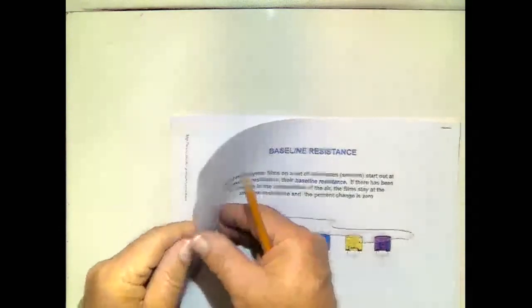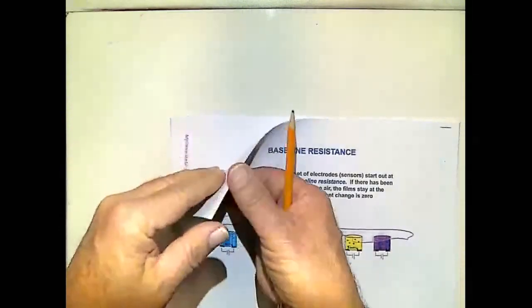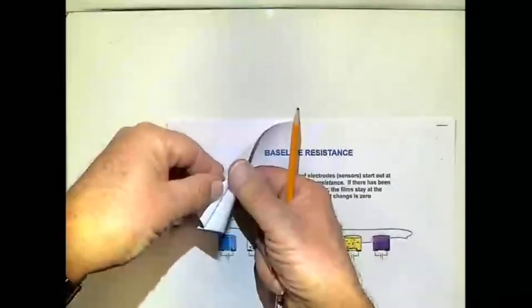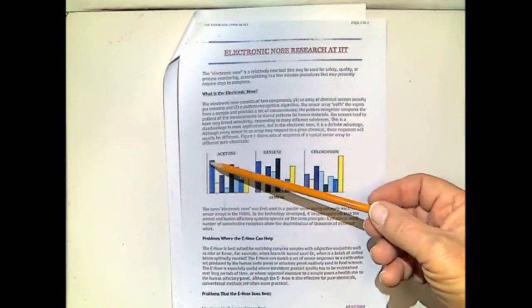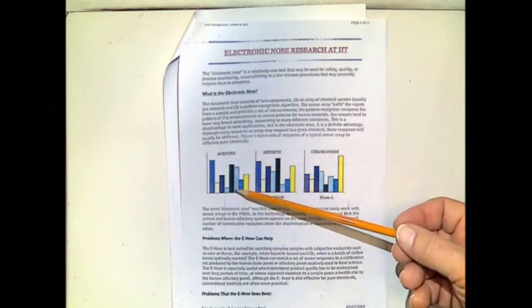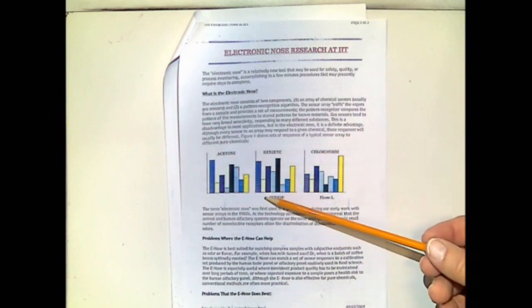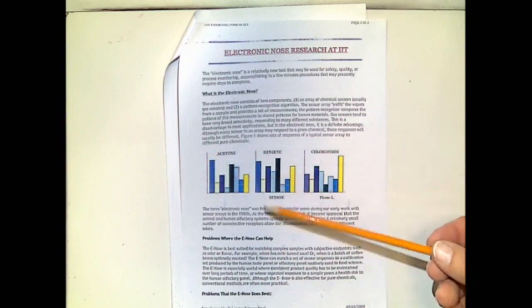So what happens? We expose them to different compounds, and even though the polymer might be targeted at acetone, the other polymers will absorb to a certain extent, and we will get a profile.